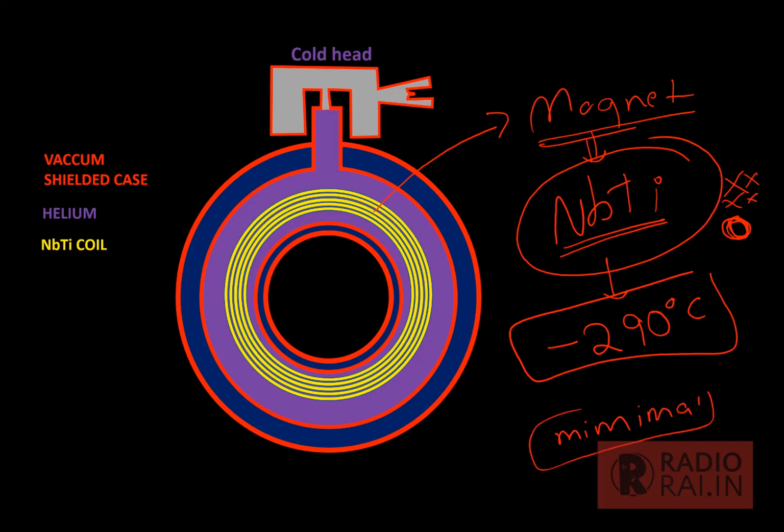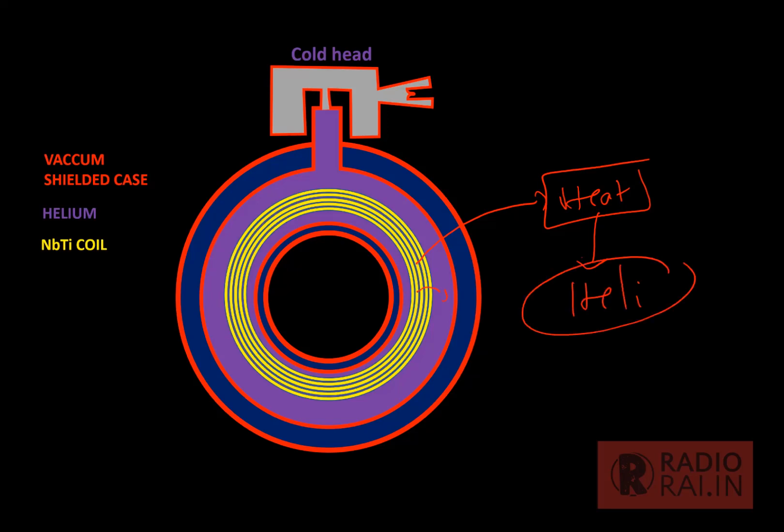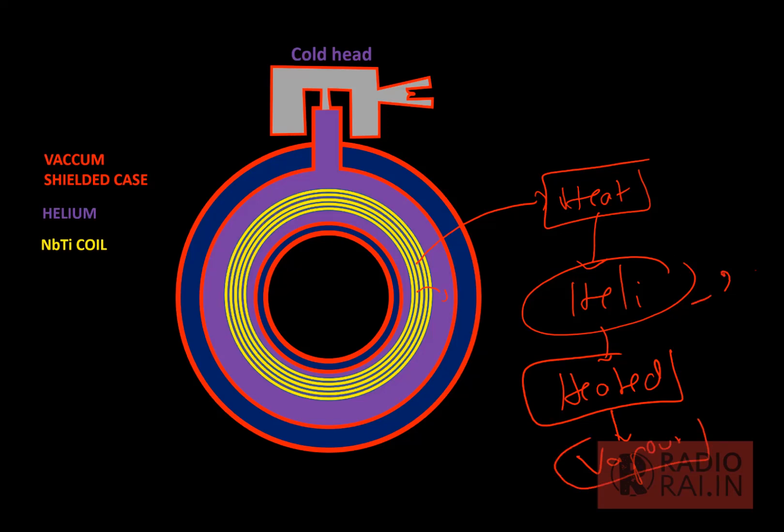Whenever there is minimal resistance, slowly the coil will be producing heat. This heat will diffuse into the helium or the neon, whatever you used as a cryogen. This cryogen will get heated up, which will lead to vaporization of the helium, or loss of the minus 290 degrees Celsius.